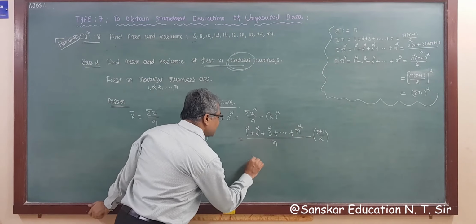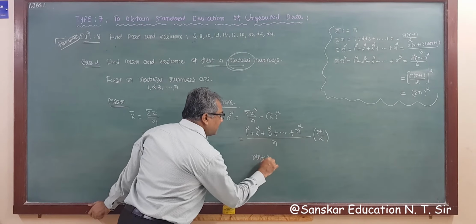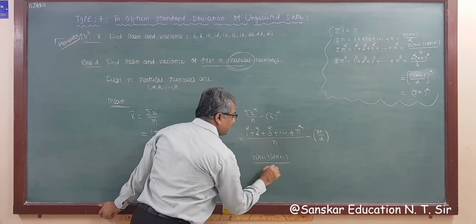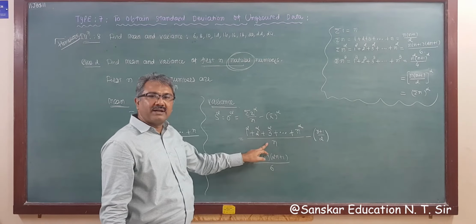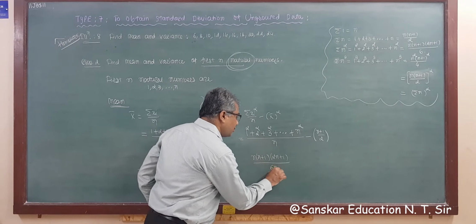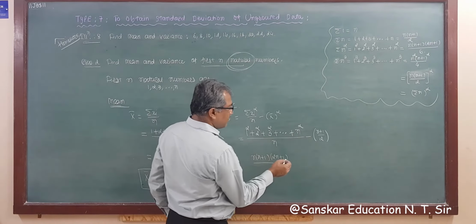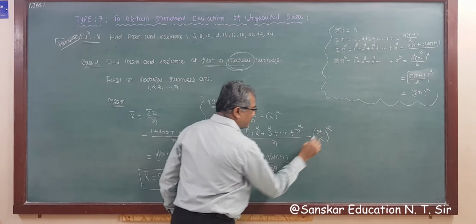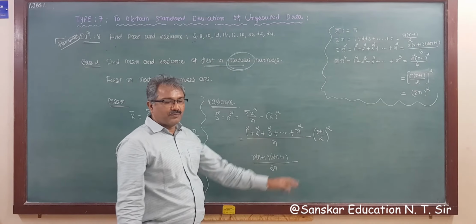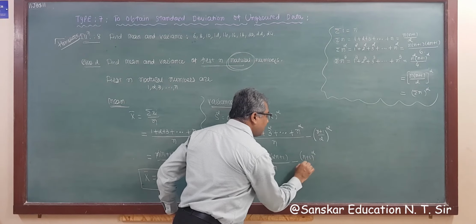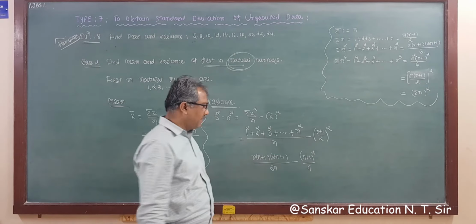And already n is in the denominator, so dividing by n, this becomes n plus 1 into 2n plus 1 by 6. We are not writing the square here, so putting the square here, this is n plus 1 whole square divided by 4, right?